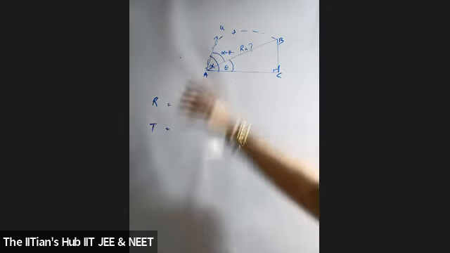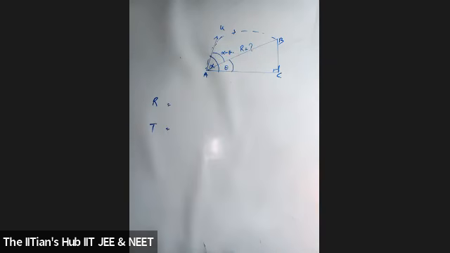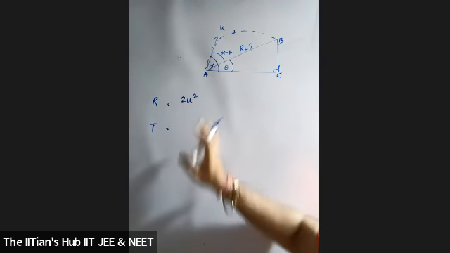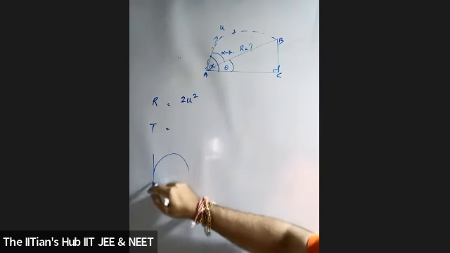Since we resolved u along the inclined plane, vertical to the inclined plane, along the horizontal and vertical to the horizontal, we derived the equation for range and time. And what exactly did you get as the range? Students, what's the formula for range if I consider ground to ground projection?